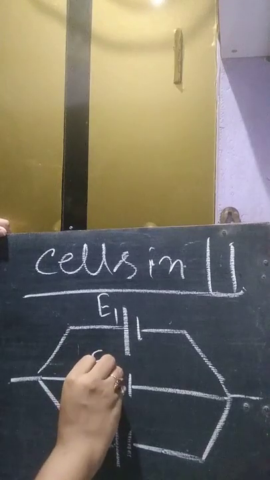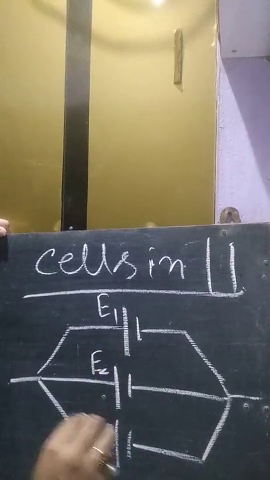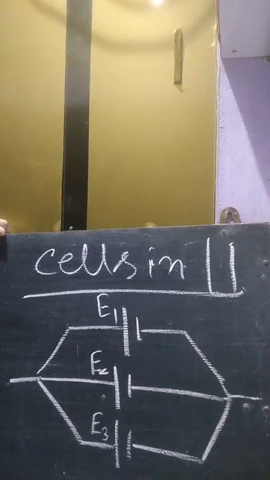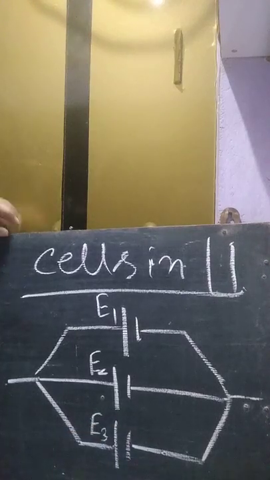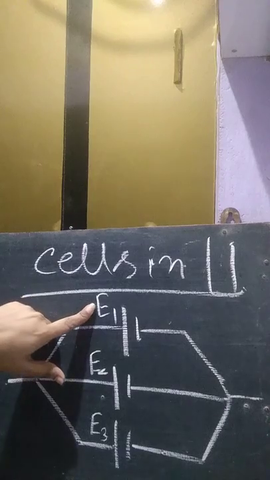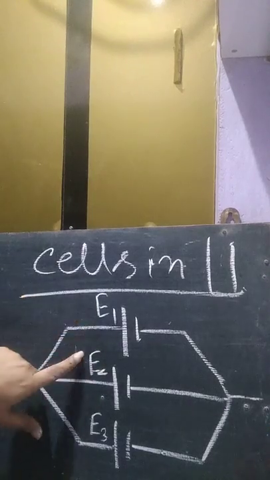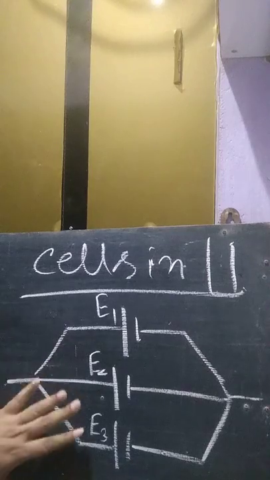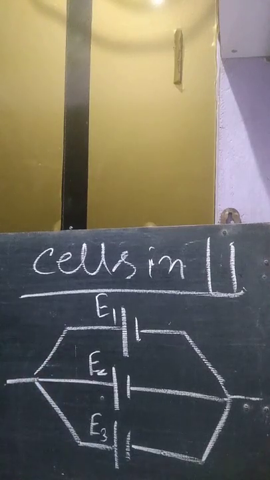Suppose this is E1, this is E2 and this is E3. E1 is the potential difference of the first cell, E2 of the second cell, and E3 of the third cell.